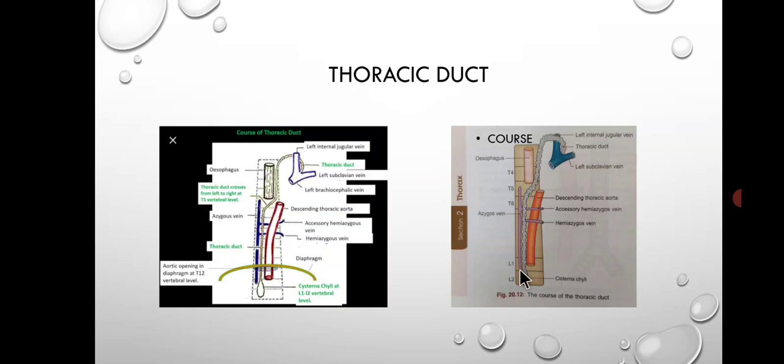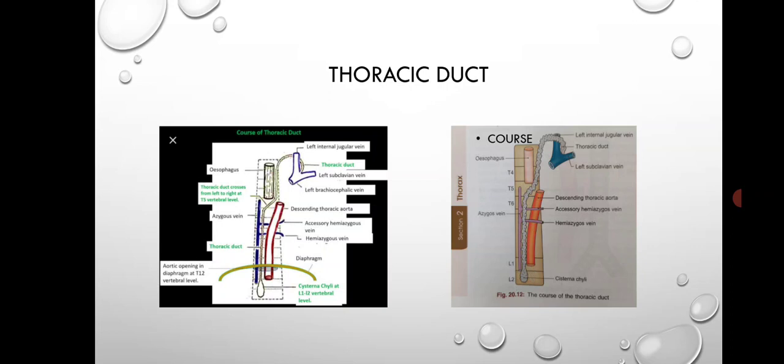In this diagram you also see it is very beaded in appearance. At the level of T12, it pierces the diaphragm along with the aorta and the azygous vein, through the aortic opening. It will now enter the thoracic cavity.